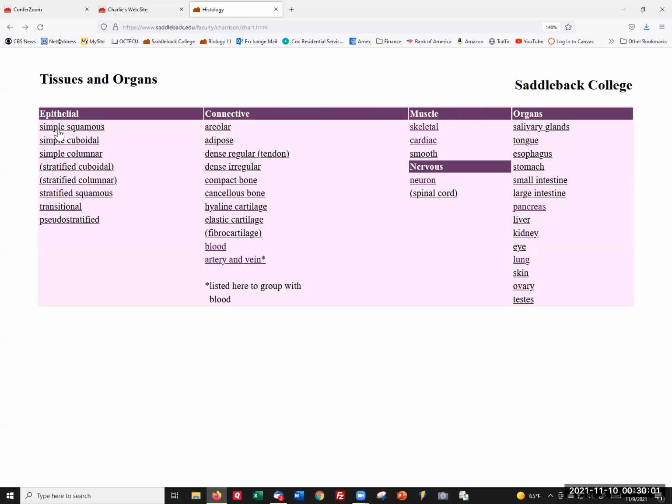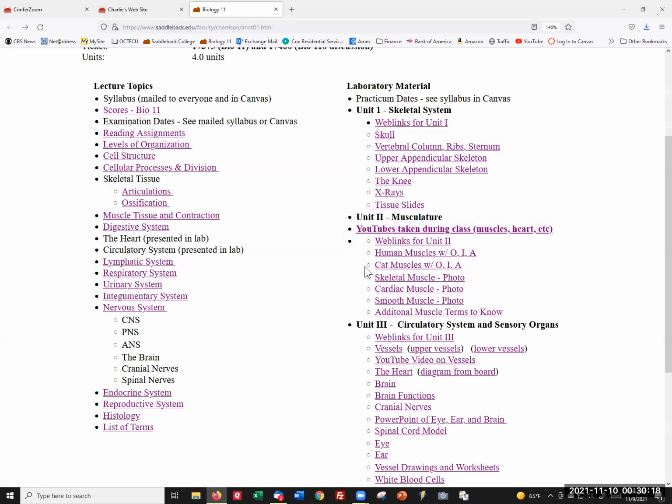So you want to go through at some point and click on every one of these that is not in parentheses, okay, until you feel that you can identify them as if somebody else were doing the clicking and you were doing the naming.